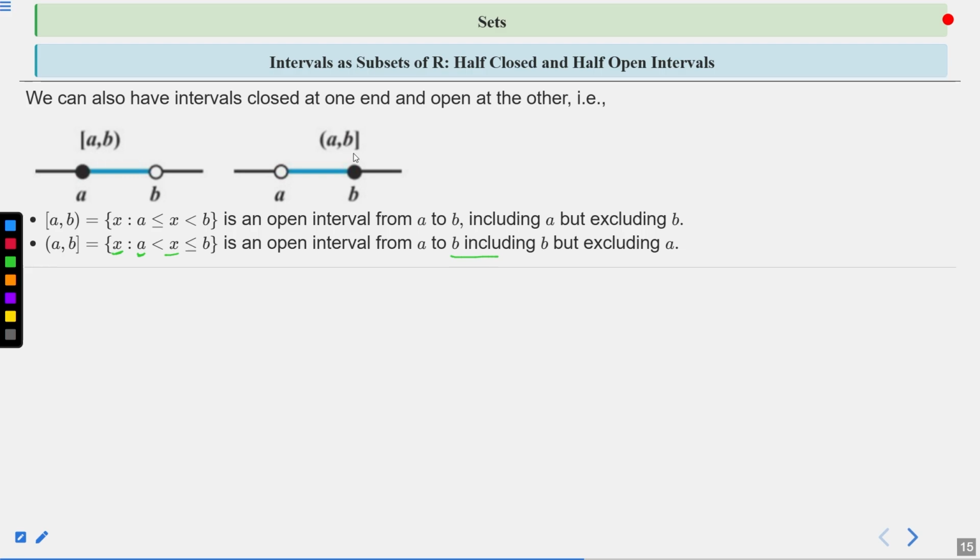So whenever you see a square bracket, you immediately conclude that that endpoint is going to be included in our set.